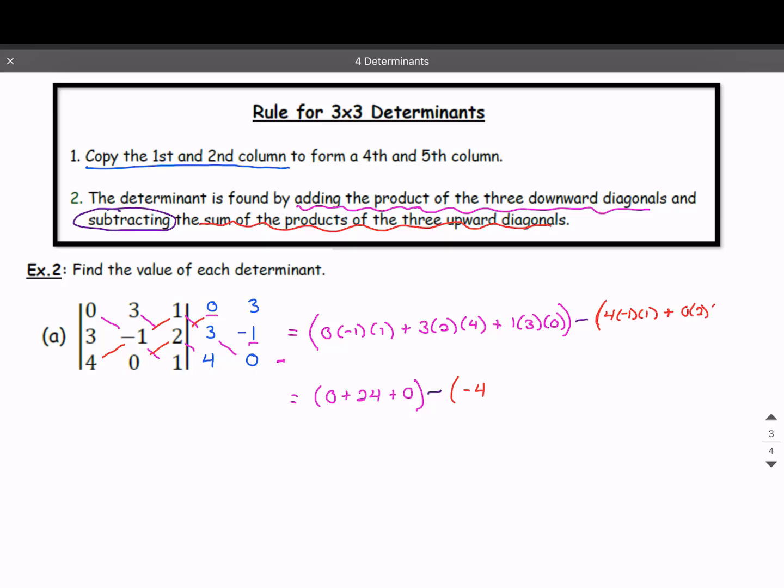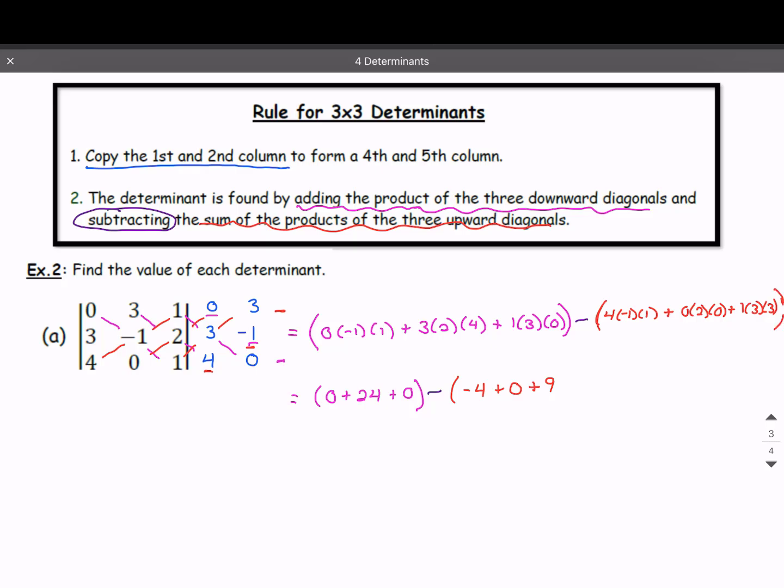And again, I'm writing out this first step just so you know where it's coming from. You can definitely go right to the second step down here. Plus, okay, 0 times 2 times 0 was just 0. We've got another upward diagonal, 1 times 3 times 3, which is 9. And if you try to do another upward diagonal, you have 4 times -1, but don't have a third number, so you know you're done.